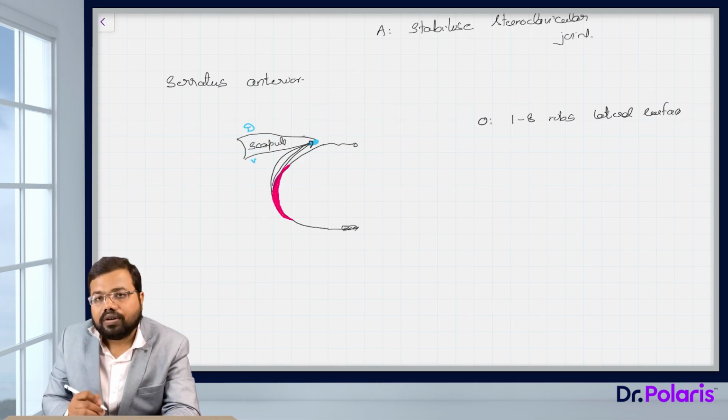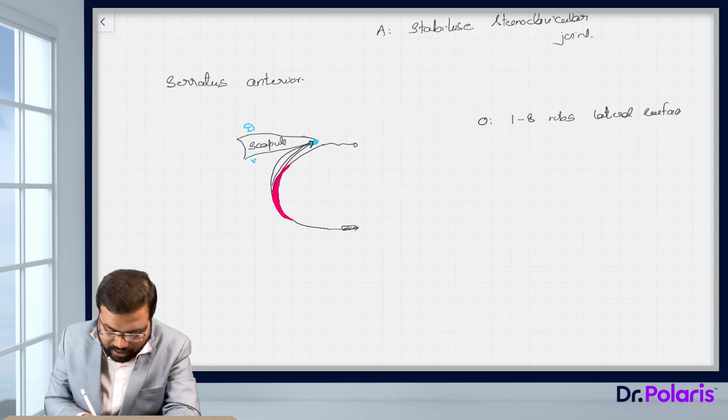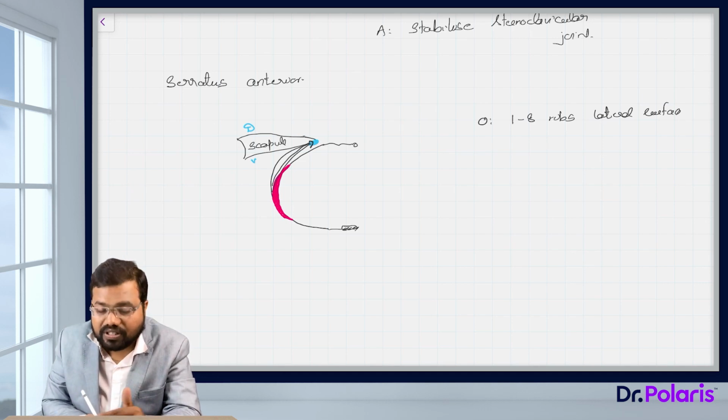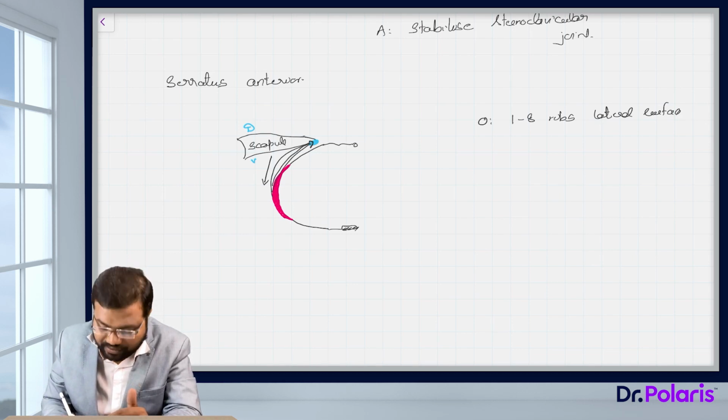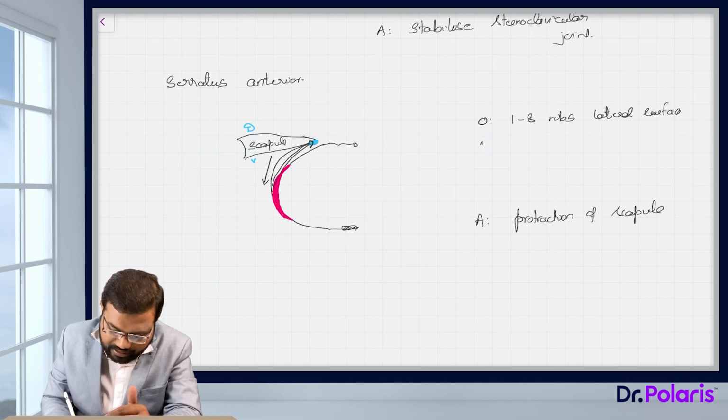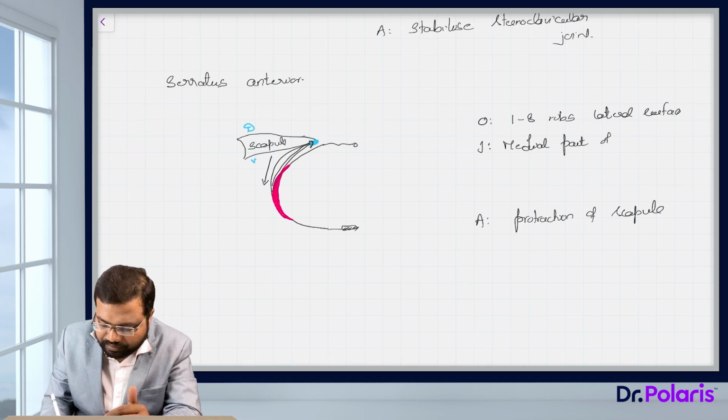Whenever the muscle contracts, it causes the medial part of the ventral surface to come towards the front side. That is called protraction of the scapula. So its action is protraction of the scapula, and the insertion, as we already said, is the medial part of the ventral surface.